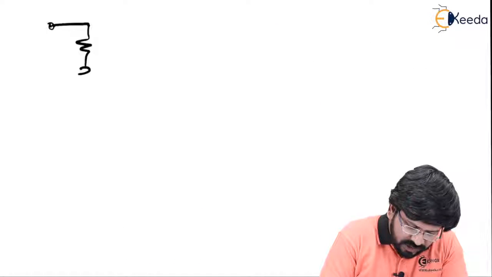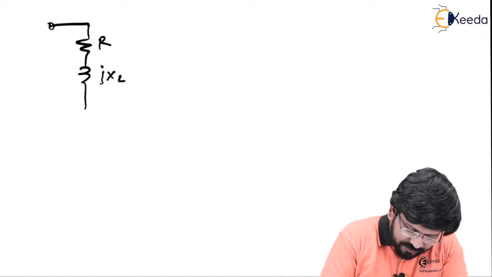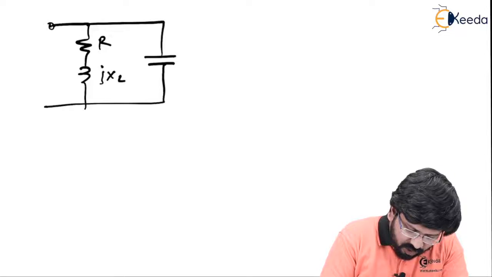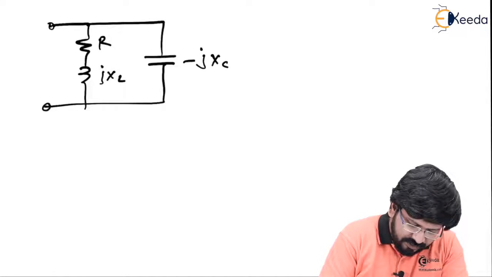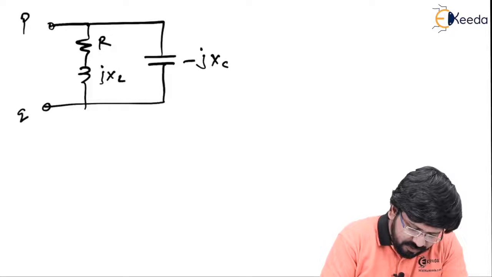See, in general, the given circuit was an RL circuit. In general, I can say this is R, this is JXL, parallel to which we had minus JXC. Am I right? The same circuit we have, let's say point P and Q, and this is Z equivalent.